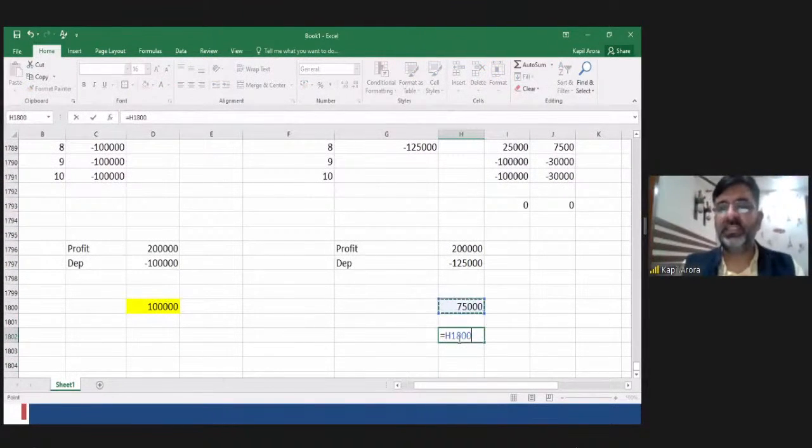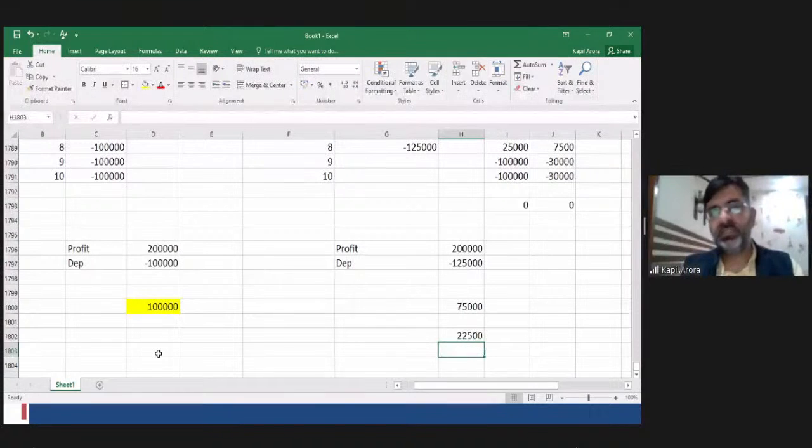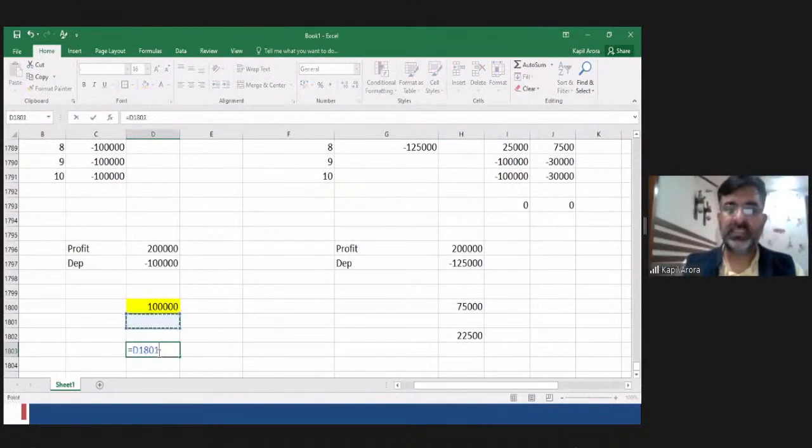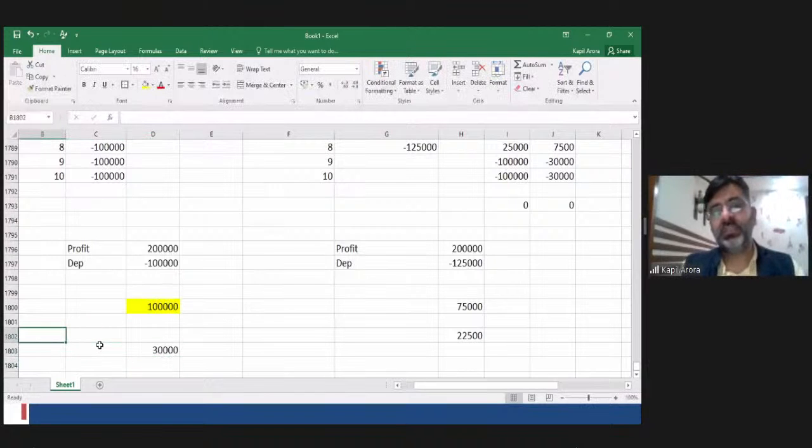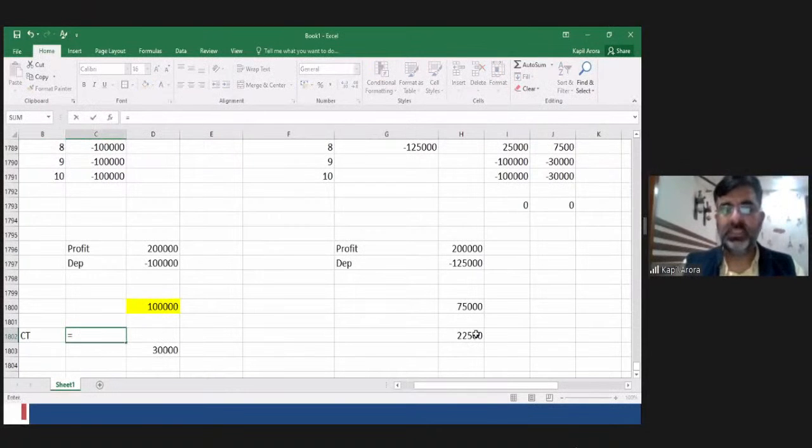Now, considering the tax rate, what is the tax I will calculate? 22,500. Considering the tax rate, how much tax do I have to pay? 1 lakh into 30%, 30,000. It means my current tax is 22,500.